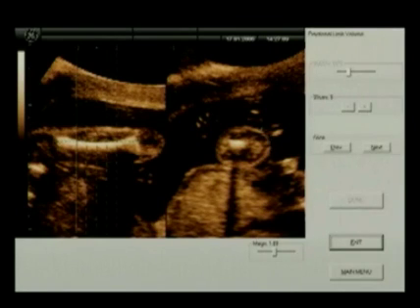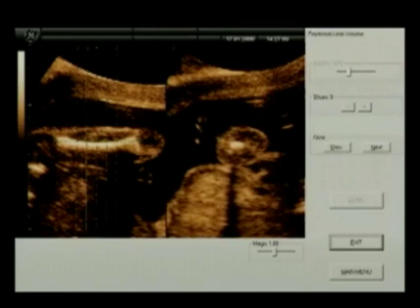And once this is accomplished over about 2 minutes or less, then you get the fractional limb volume.